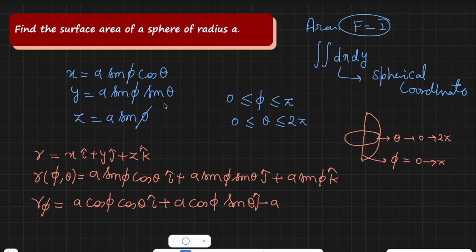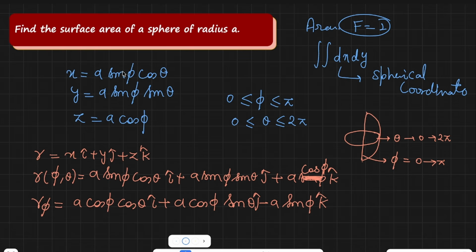Wait, I think there is a mistake. Why am I writing cos phi here? Yes, for the k term it will be cos phi, so the derivative is minus of sin phi. So it is a times minus sin phi k cap.